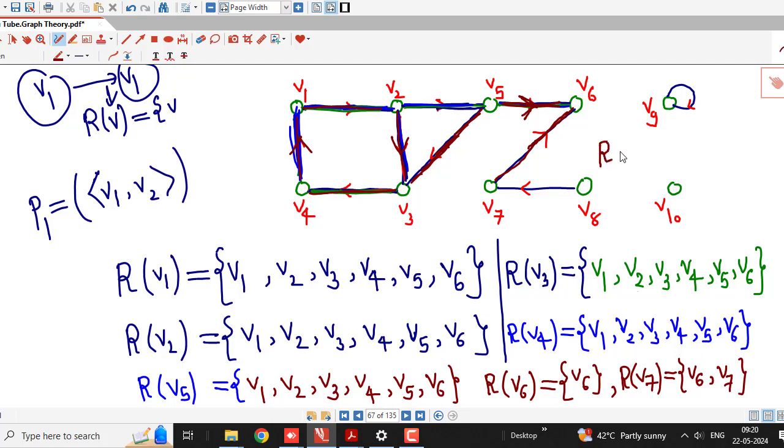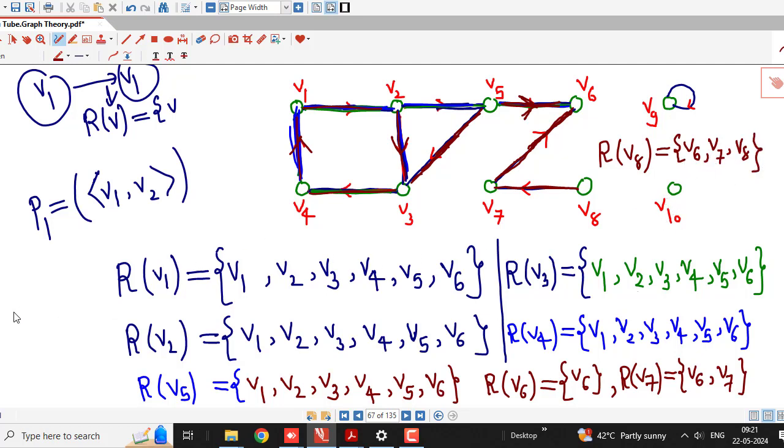What about the reachable set of v8? We can see there is an edge from v8 to v7 and from v7 to v6. That is, there exists a path from v8 to v6, therefore v6 is reachable from v8. Similarly, v7 is also reachable from v8, and v8 itself. So this is the reachable set of v8.